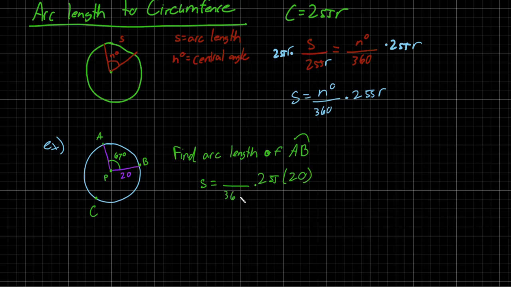Now, what is my n degrees in this problem? Yep, 67 degrees. And I put that in the calculator without pi. So I would have done 67 divided by 360, which was 0.18661 repeating, times 2 pi 20.